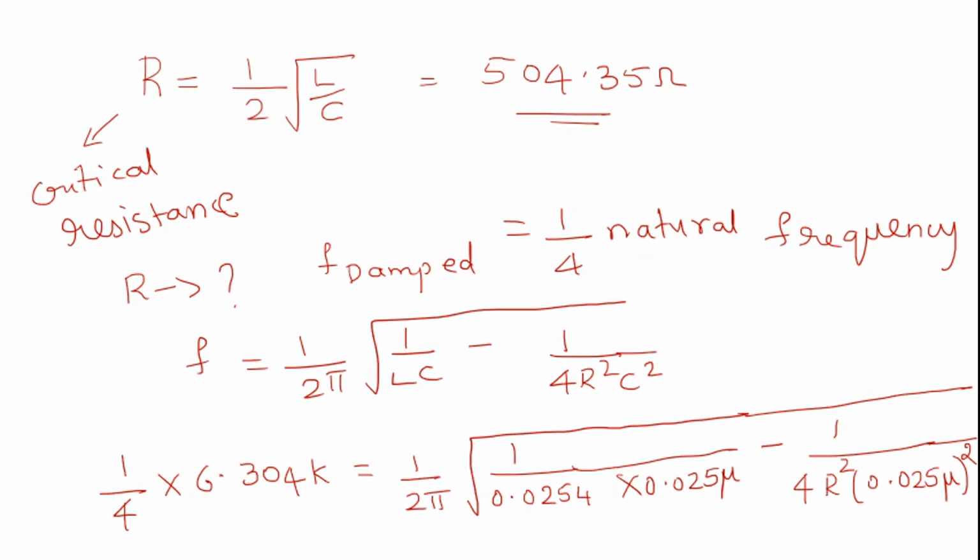So we have to solve for R, and R comes out to be 520.8 ohms. So this is the value of the resistance connected across the circuit breaker contacts if the frequency is reduced by 4, and it is equal to 520.8 ohms.